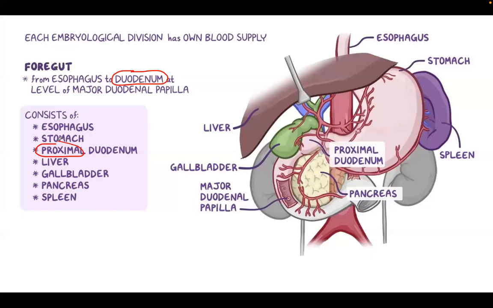So the hepatobiliary system arises from where? Foregut, midgut, or hindgut. So answer my question. Where does the hepatobiliary system arise from? Okay, the hepatobiliary system comes from the foregut.